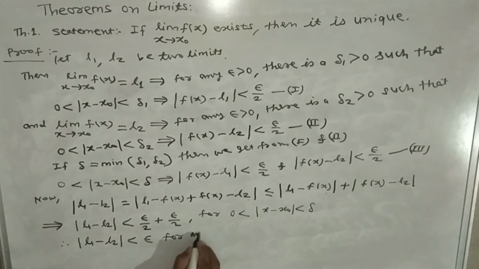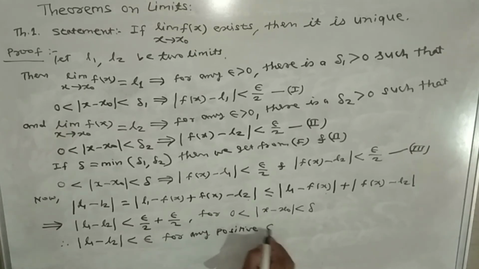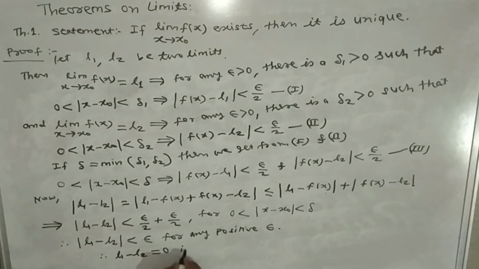Therefore we get L1 minus L2 is equal to 0, that is L1 is equal to L2, which means the limit is unique. Hence the limit, if it exists, is unique.